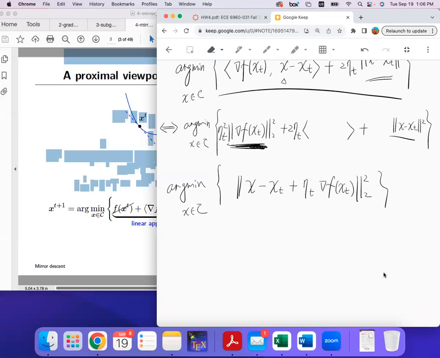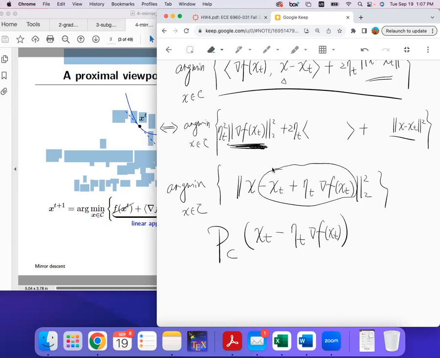And look at this. This is exactly the projection operator. This is exactly projecting x_t minus eta t gradient f(x_t) onto the set C, right? So you view this as a given point.